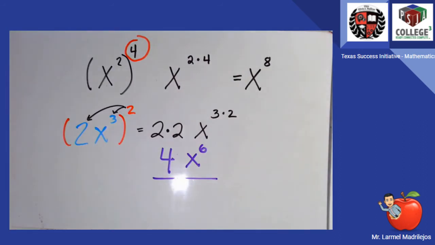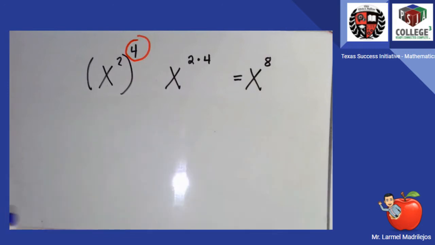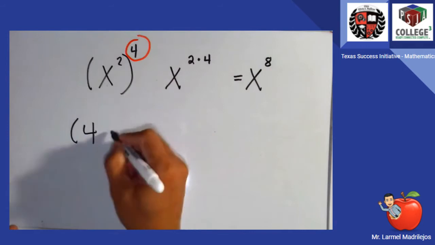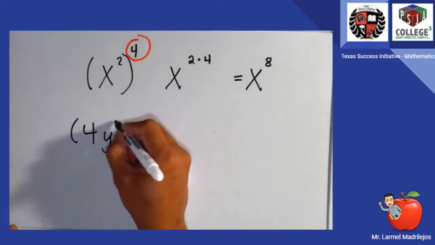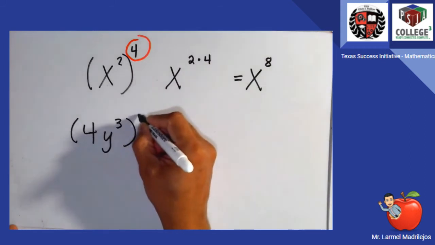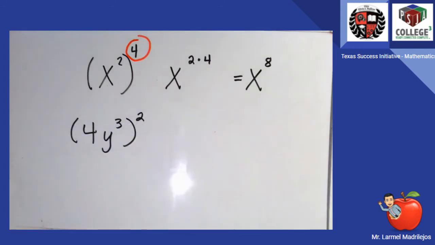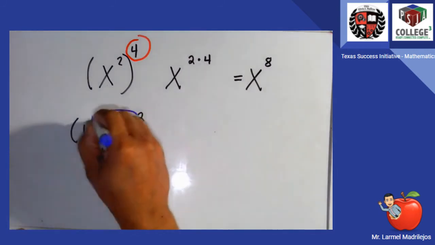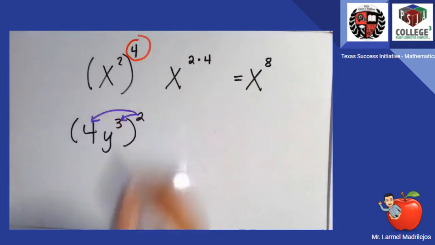Another example. Let's try 4y raised to 3, raised to 2. Okay, we're going to do the same thing. Distribute the 2 to the coefficient and to the exponent.